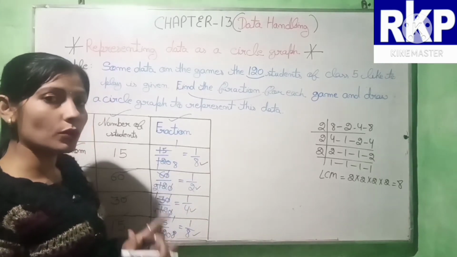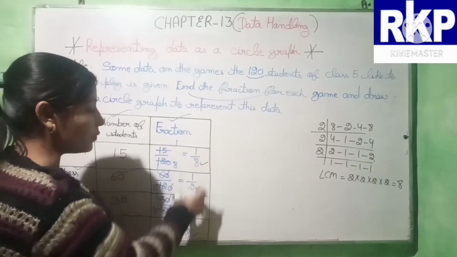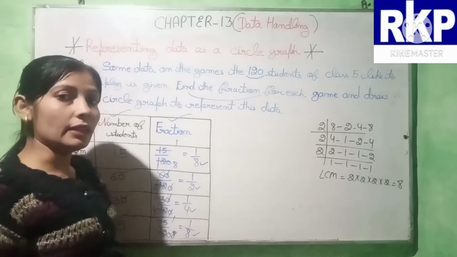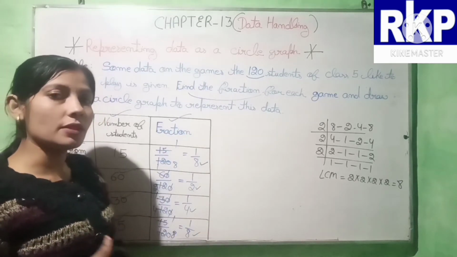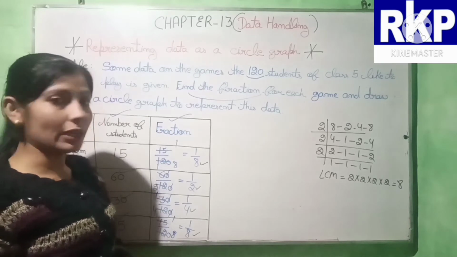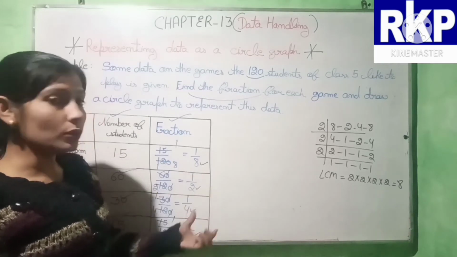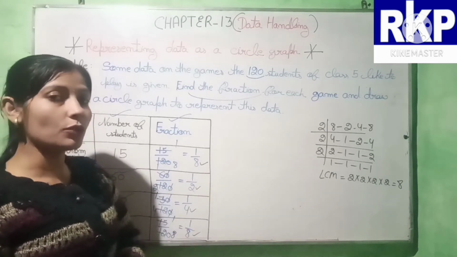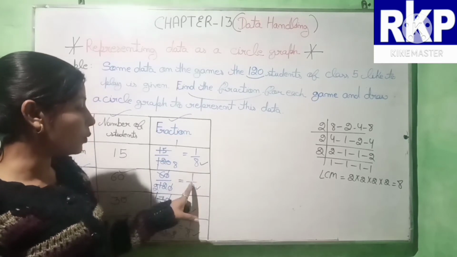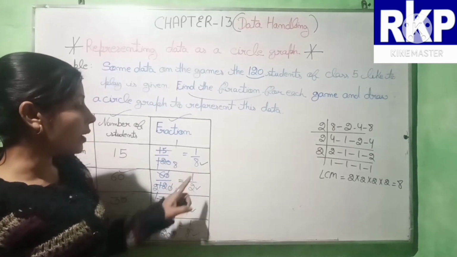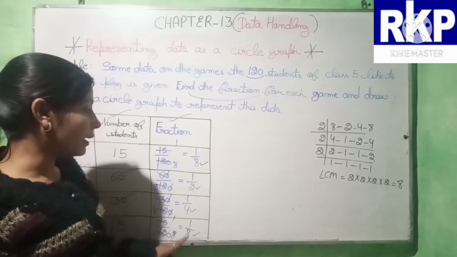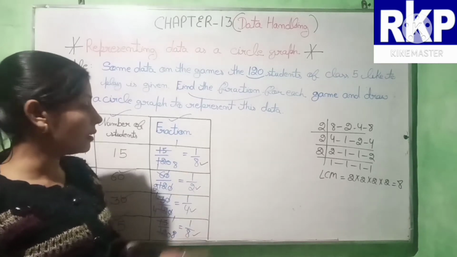So first of all let us convert these fractions into equivalent fractions with the same denominator. But for that, we have to find the LCM of the denominators. Here we have 8, 2, 4 and 8 as denominators.